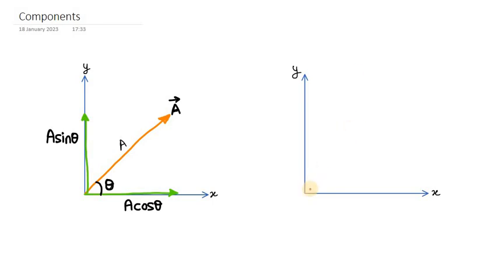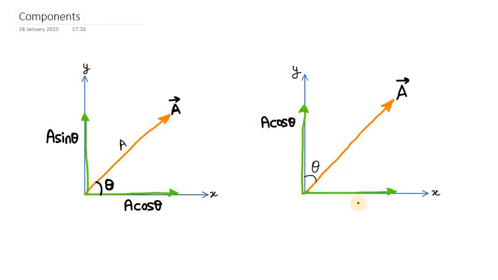Let us repeat the same exercise one more time. We have the vector A, but this time this vector is making the angle theta with respect to the y-axis. So this time what will be the magnitudes of the x component and y component of the vector? Here the component which is connected by the angle theta will be the cosine component.